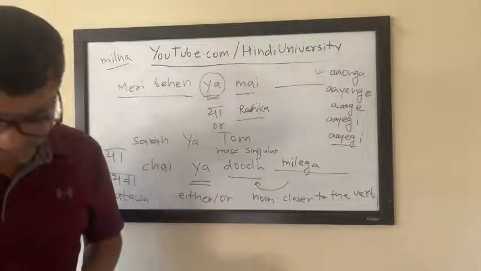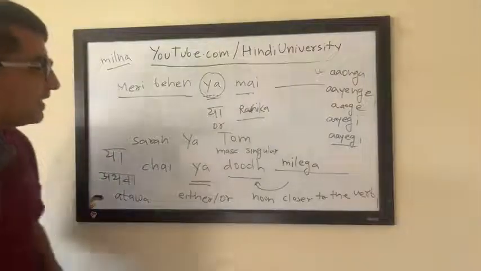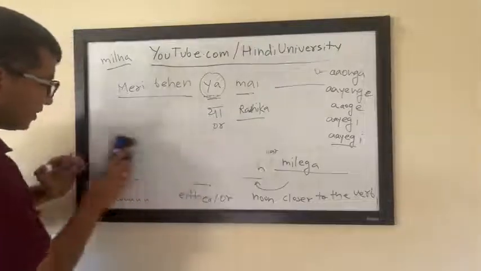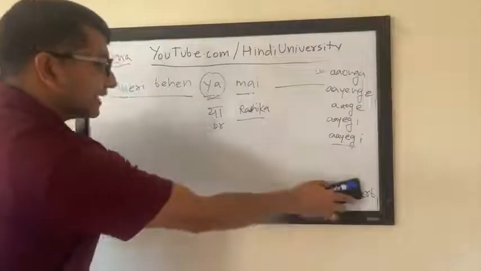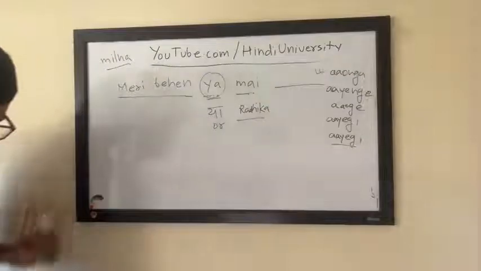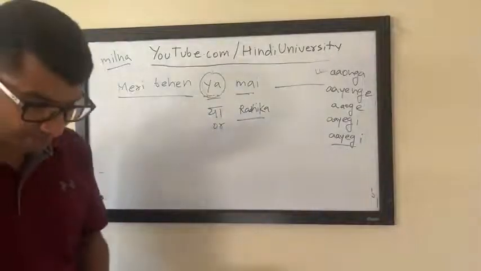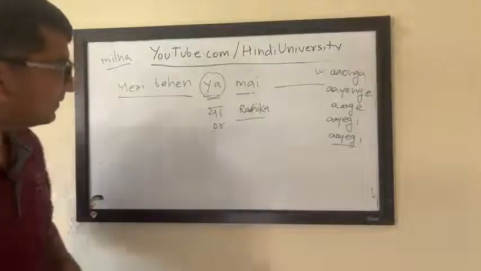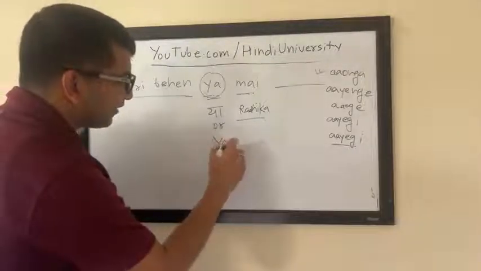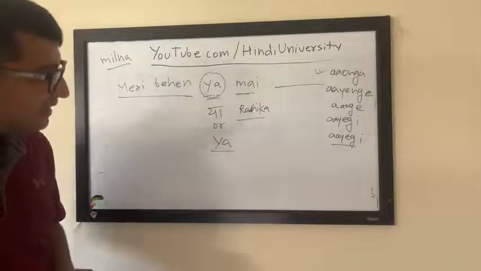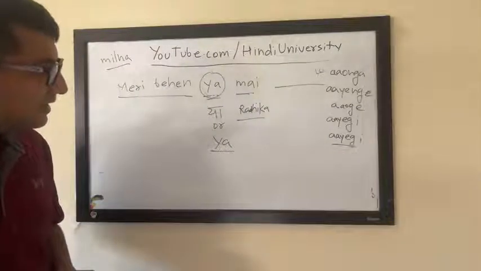Very simple. Tara ji, you want to make a sentence using या? Take two living things or non-living things separated by या. मेरी दोस्त या मैं खाना खाऊंगी.